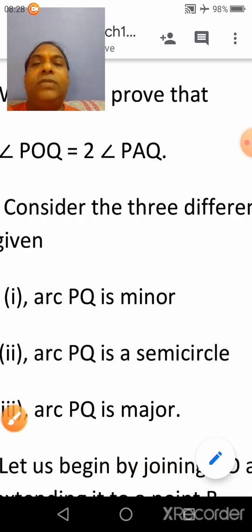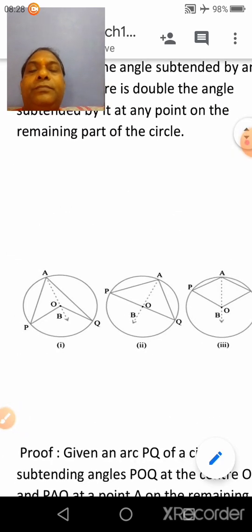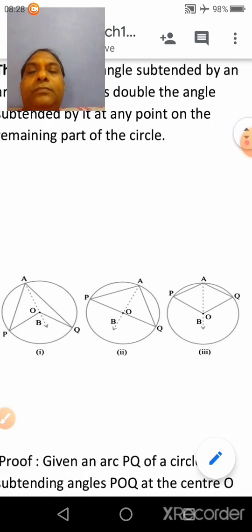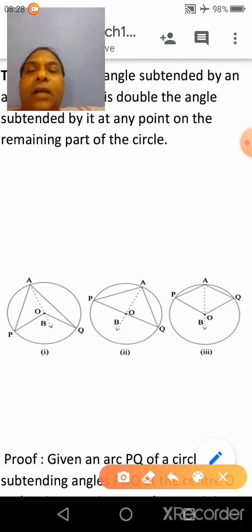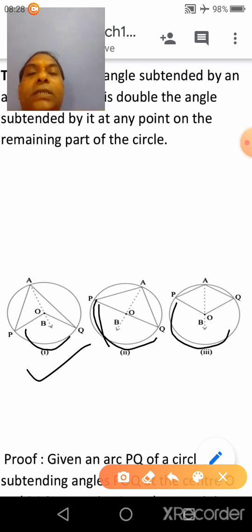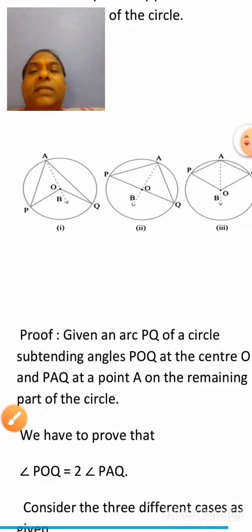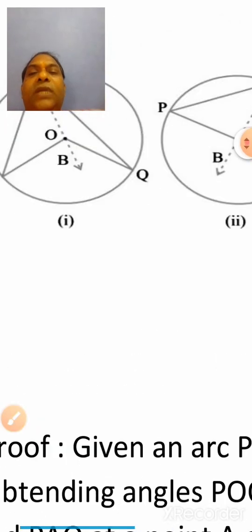Now see here. Here arc PQ is minor, here arc PQ is a semicircle, and here arc PQ is major. Clear? So for all conditions we can prove this theorem.